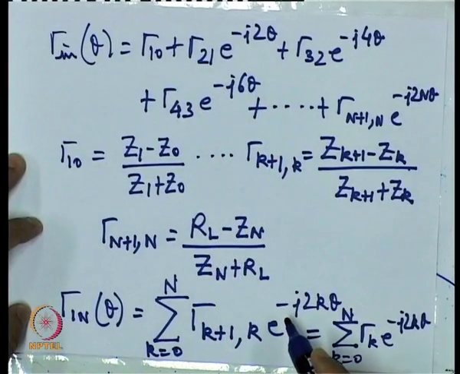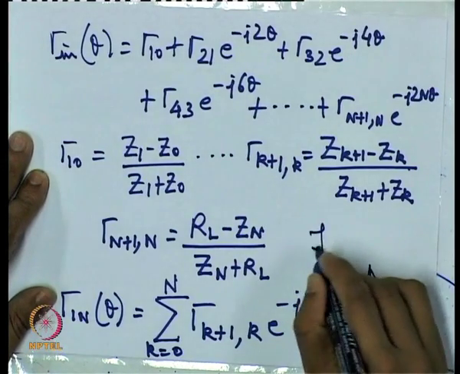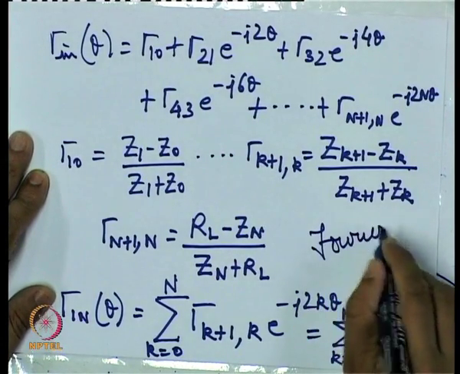Let us see what are the implications of this expression. If we can go back to our slide here, the first thing that we see is that this is the expression of a Fourier series. This has the same expression as a Fourier series.